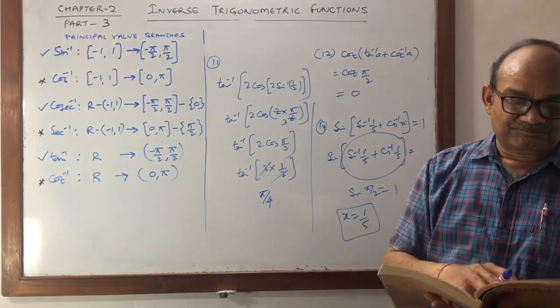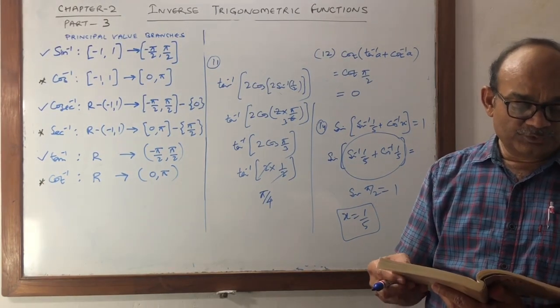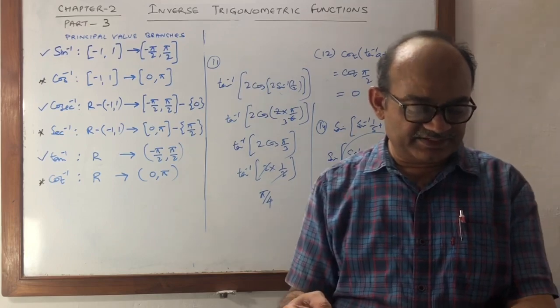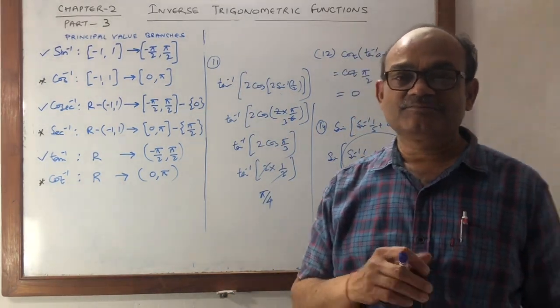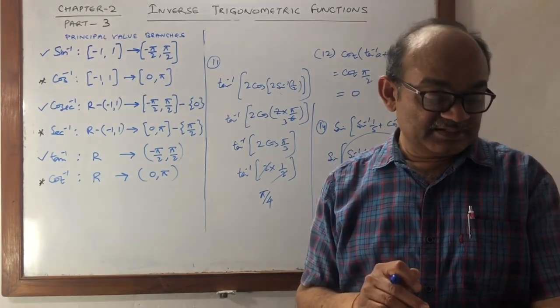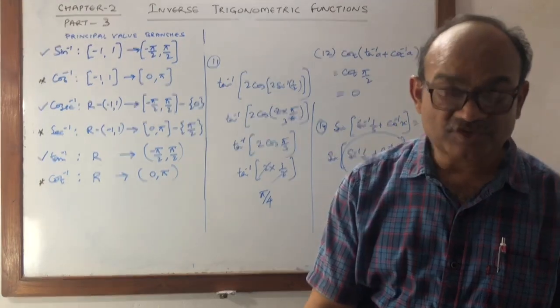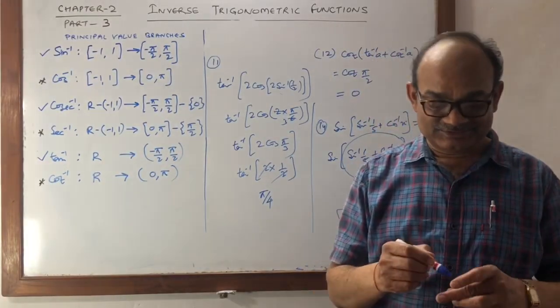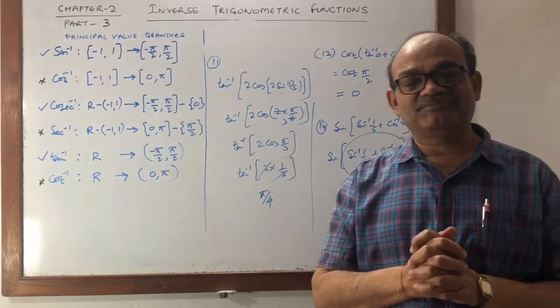This one, exercise number 2.2. Now one or two questions, 16th and 17th and 18th, based on the first exercise. It means using principal value. And then 19, 20, 21 objective questions, homework for you. Correct? So this is our part 3 of chapter number 2.